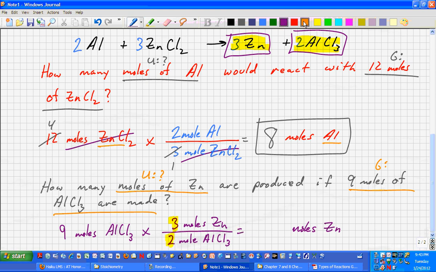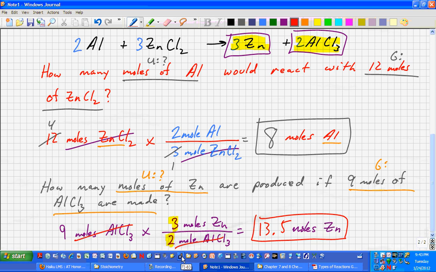Ready to go ahead and cancel some stuff out and do the math. Moles of aluminum chloride cancel. I'm left with moles of zinc, which is what I was looking for. I'm ready to go ahead and do the math. And 9 times 3 is 27, divided by 2 is going to be 13.5. Pretty sure that's right. You know what?